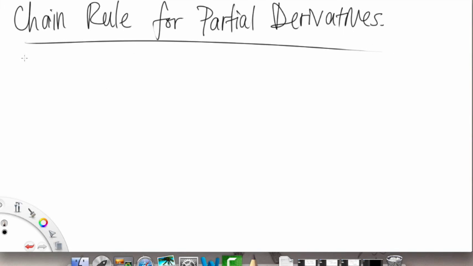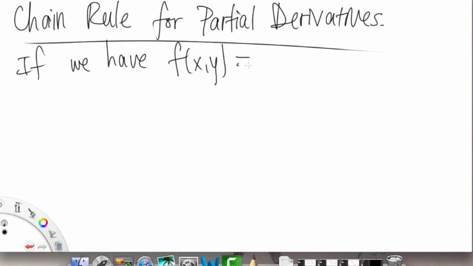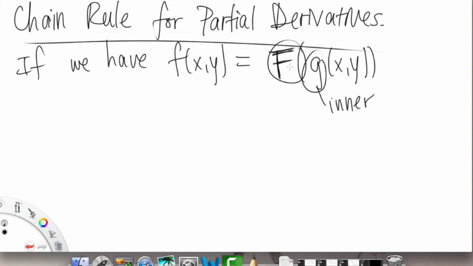If we have an f of x, y, some function of x and y, that's composed of... again, chain rule is for composition of functions, one function inside of another, and we want to differentiate. So we have a capital F, that's our outer function, and our inner function is a g of x and y.